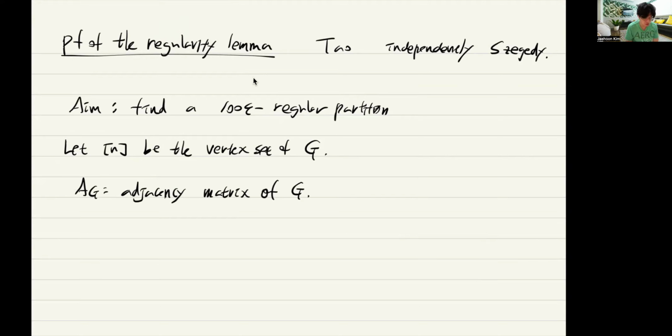So one of the basic properties: the adjacency matrix is 0 or 1, so you have rows 1, 2, 3 to n, and columns 1, 2, 3 to n. The entry (i, j) is 1 if there is an edge between i and j, otherwise it's 0. So in fact, this is a real symmetric matrix.